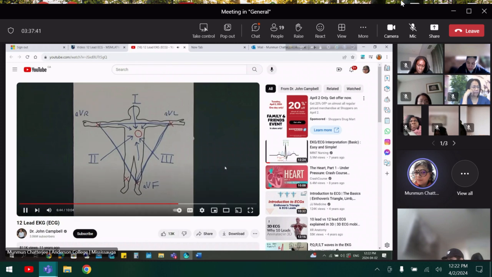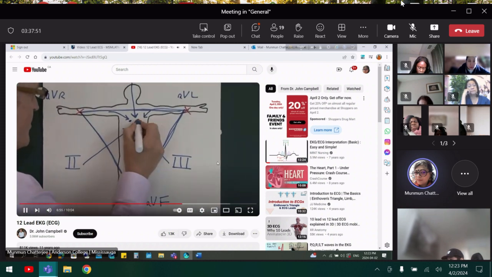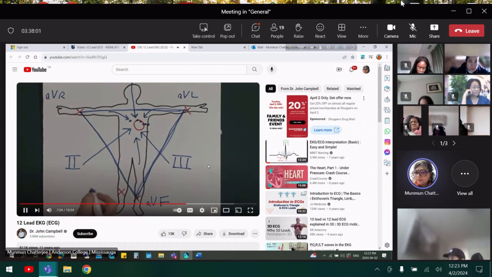And then, of course, we've got 6 chest leads. So we've got V1, V2, V3, V4, V5, and V6.